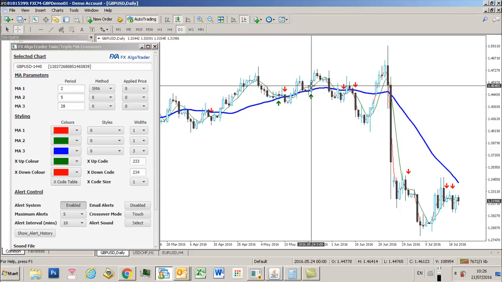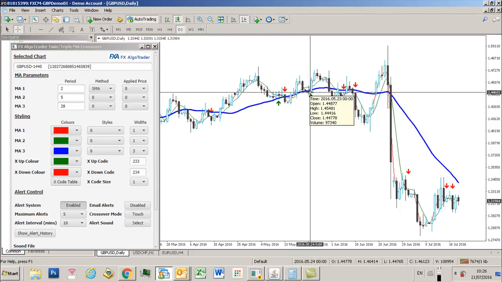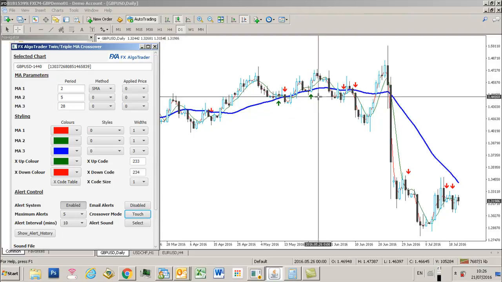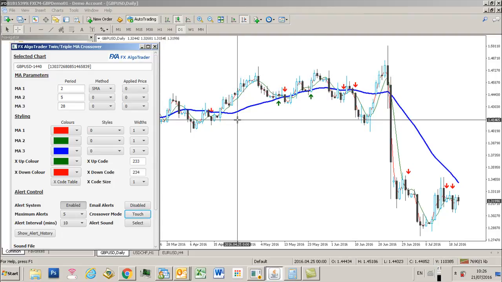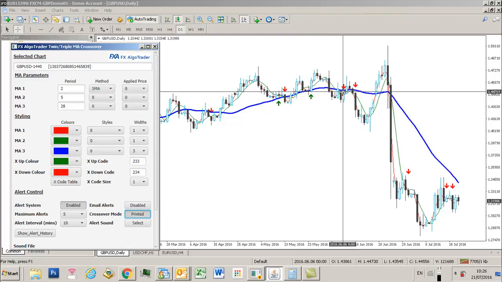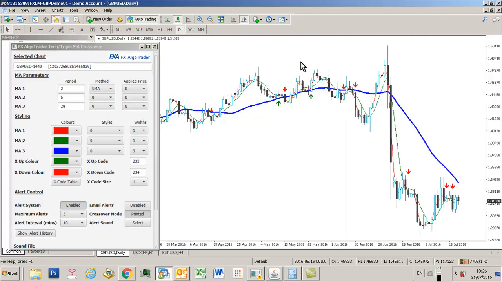Remember, your signal won't actually be generated at the beginning of the bar open. The signal's generated where the actual MAs cross, and the type of signal will depend upon the crossover mode in the interface. If it's touch, it's when the moving averages touch. If it's printed, it's when the moving averages actually print. So not a good signal here particularly, that would have got you stopped out.